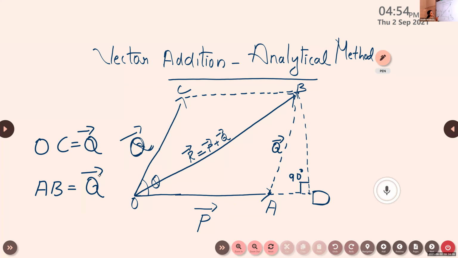And similarly, vector Q and vector P make an angle theta. So if the angle between vector Q and vector P is theta, what about the angle between vector Q and AD? This is basic mathematics. If the angle between OC and OA is equal to theta, what about the angle between BA and AD?